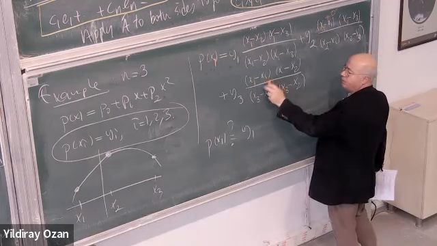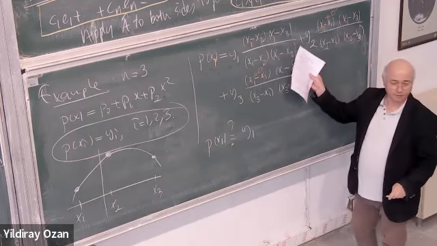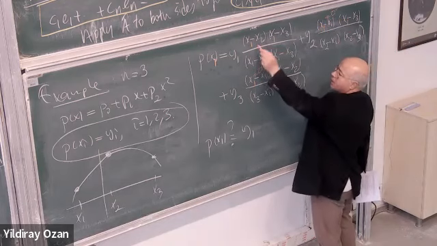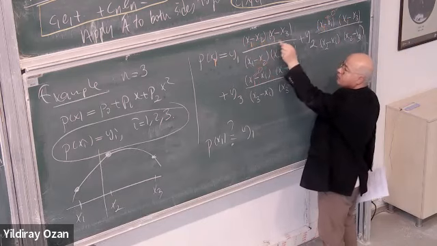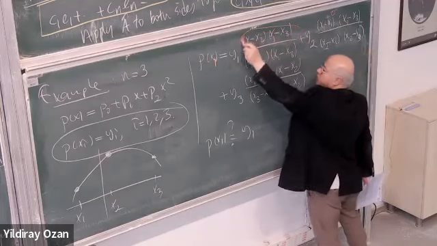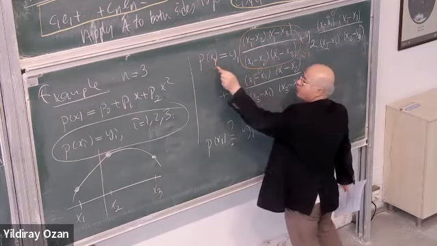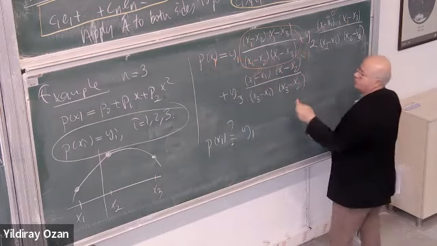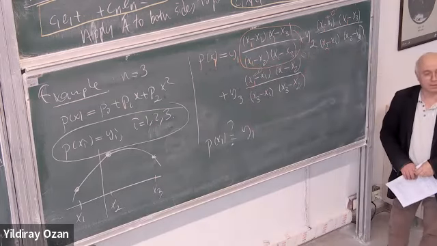When I plug x1 here, this is 0. Therefore, this term is gone. Only this term survives, right? And what is this coefficient? (x1 minus x2) divided by (x1 minus x2), (x1 minus x3) divided by (x1 minus x3). So this whole coefficient is just equal to 1. Therefore, P of x1 is just y1 times 1 plus 0. So P of x1 is just y1.